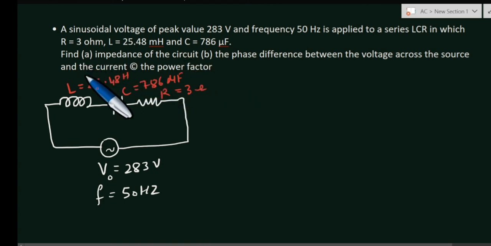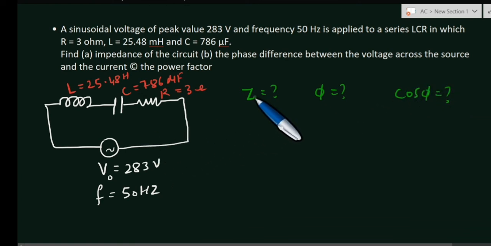Okay, now find the value of, so what is the value of impedance? First one, and second one they are asking phase difference between voltage and current, and third one they are asking the power factor.